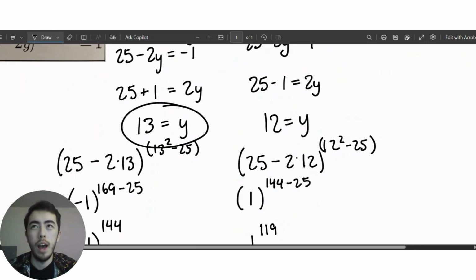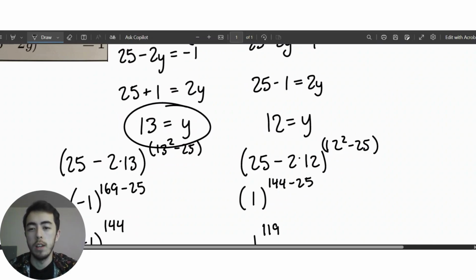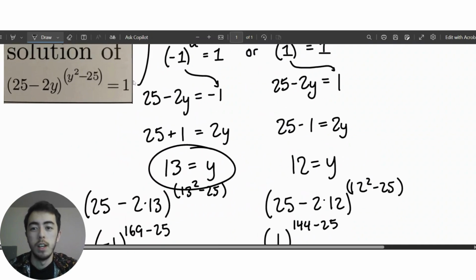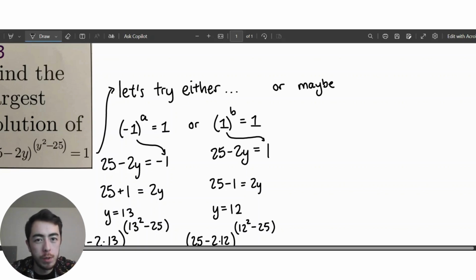But how do I know that there isn't another value of y that's bigger than 13 that will make this equation true? Like, sure, of the two that I found, 13 is the biggest, but what if there's another one? Or maybe it's another two solutions. I know that if I have some base to the power of 0, that's always going to be 1, as long as the base itself isn't 0. 0 to the power of 0 is undefined.